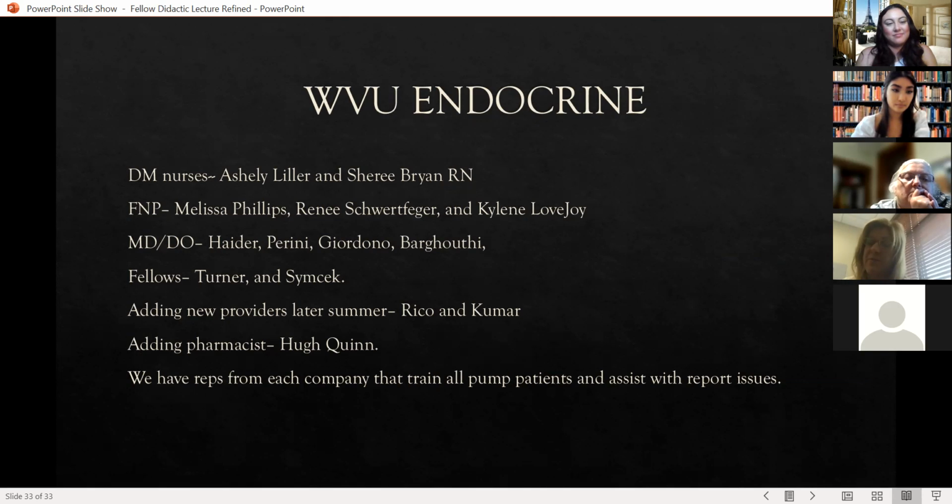It'll be pharmacists also now getting approvals and insurances to get things paid for, the complications of sets and reservoirs and batteries and failures and stuff like that. So, having a pump patient is a difficult process, and you have to have lots of people to be able to do all aspects of it.